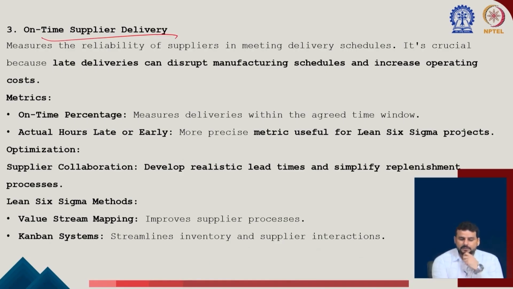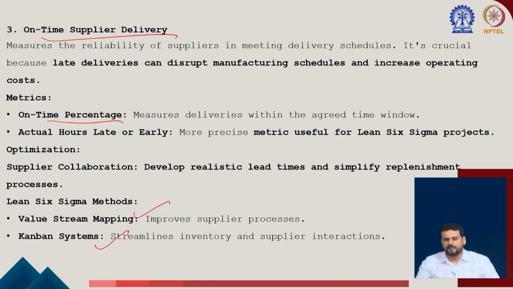How can we measure how many times your orders are on time, and maybe how many times your orders are late? So you can implement Lean Six Sigma, right? Value stream mapping is another point where you can find out where your deliveries are delayed, or the Kanban system where you can implement just in time.